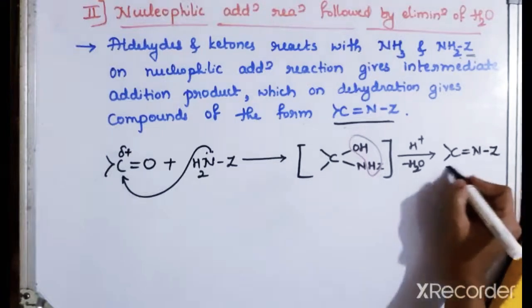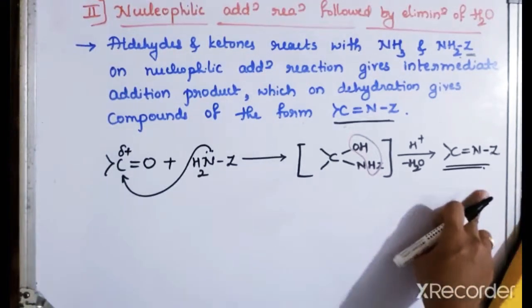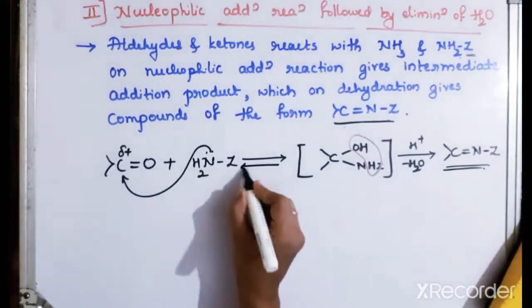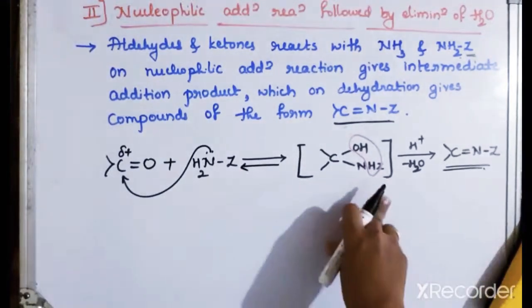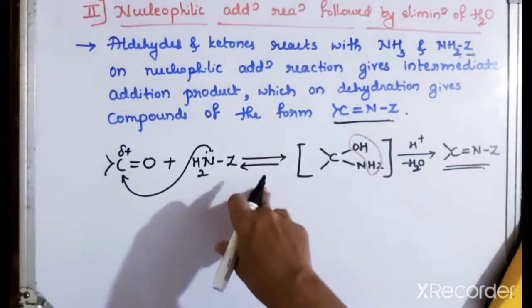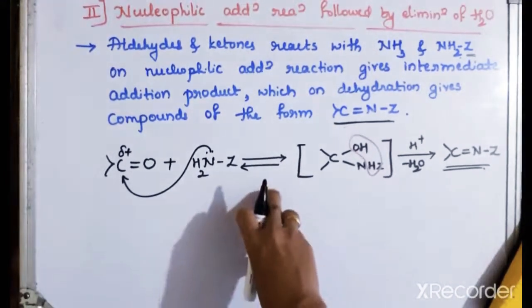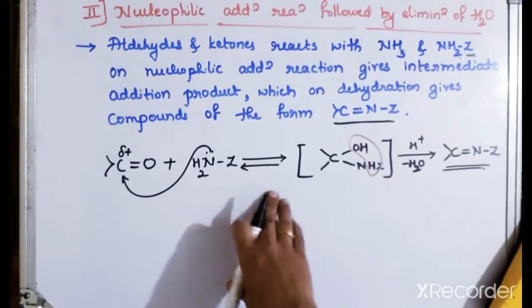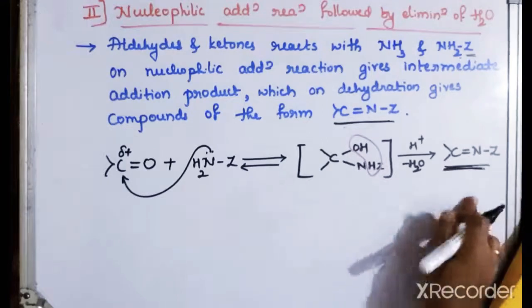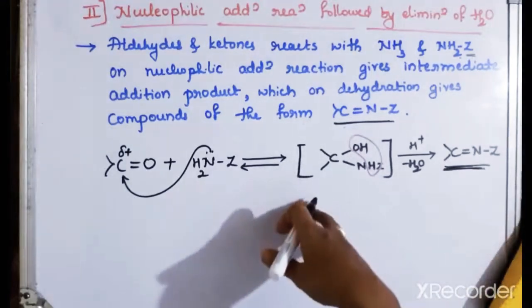So this is the derivative formed as the final product. A stable compound is formed, and this is a reversible reaction. The whole reaction is reversible and is catalyzed by acidic conditions. So we have to maintain the pH, then only we get the required product of this formula. Otherwise we get different compounds as a product.